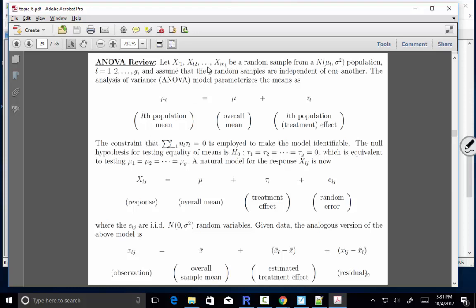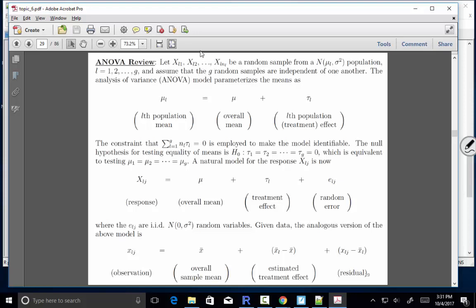Remember when we did the two-sample T-squared test, we said we had x11, x12, dot dot dot, some number of observations in comparison group 1. And then we had x21, x22, dot dot dot, some number of observations from group 2. In the MANOVA setting, we have 3 or more comparison groups.